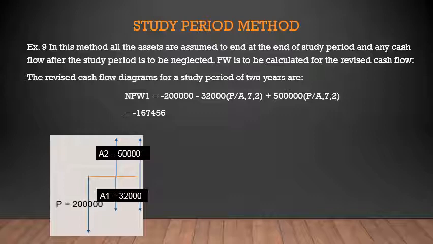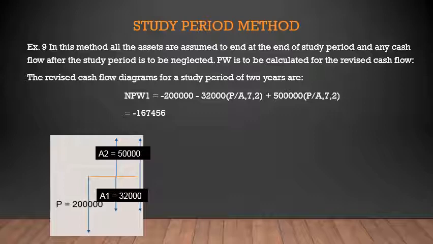So I have the initial cash, operating cost of 32,000, revenue of 50,000. I may have the salvage value, I may have the further cash flow of income as well as the cost. Those things are neglected. So the entire project is assumed to have ended at year 2.